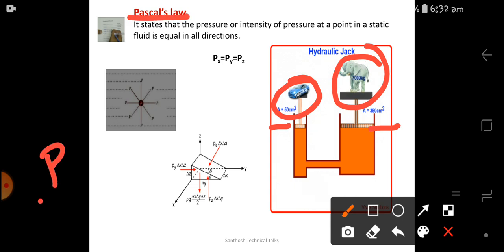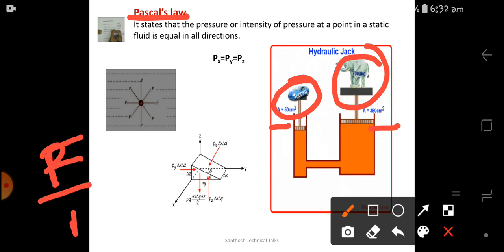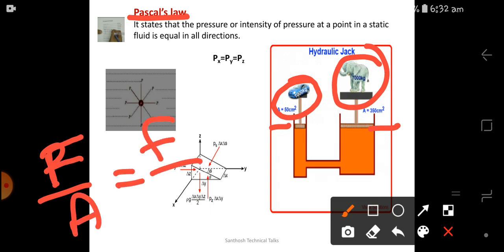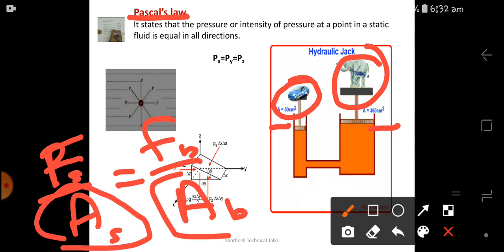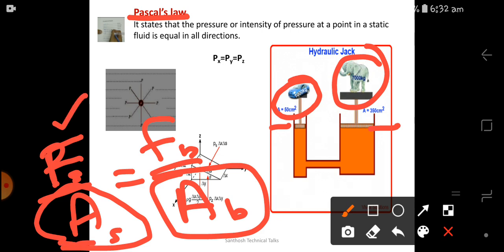Here P equals F by A. This is the small cylinder and this is the big cylinder, so we can easily put in the difference of area. We know that pressure is equal to force by area. Therefore, the force applied over the area of the small piston is equal to the force to be lifted over the area of the big piston. That is the evidence of Pascal's law.